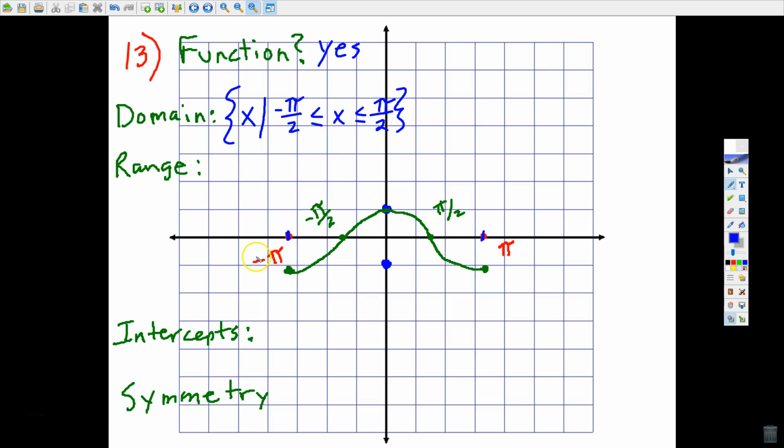Okay, so for the range, you're looking at y values that would be involved in this particular graph. Now the graph in the book doesn't have this little circle here or these marks. I was just using those to help identify the domain. But if it helps, on the graph in the book, you're shown that this goes down to -1.